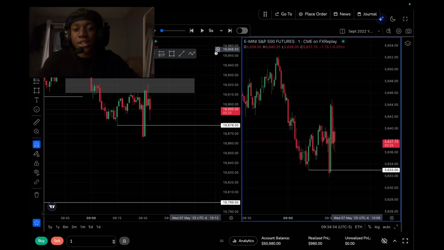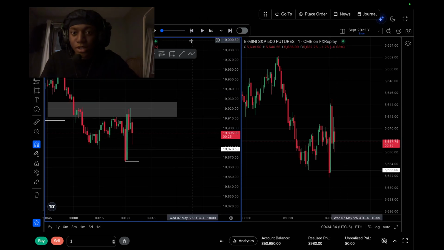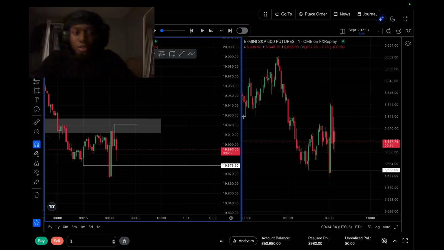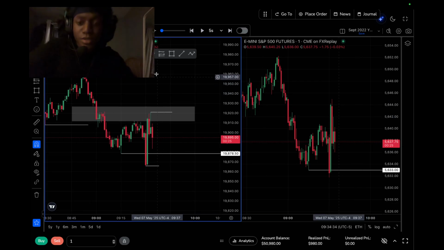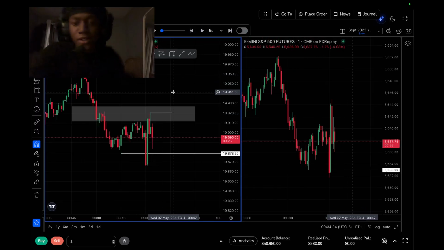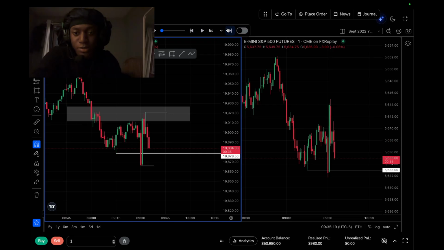I don't want to take any shorts until we have broken past this low here. And ideally, I don't really want to take any longs until we've just broke past this high here, just because I could just start dilly-dallying. But we have had that 15-minute rebalance. I just want to see how price reacts to it.